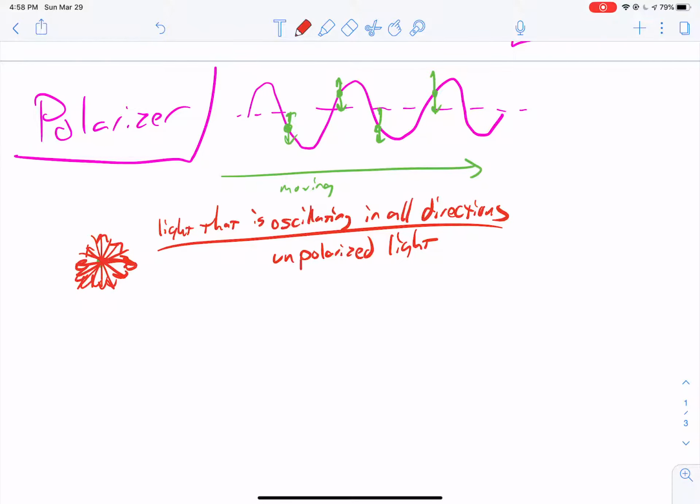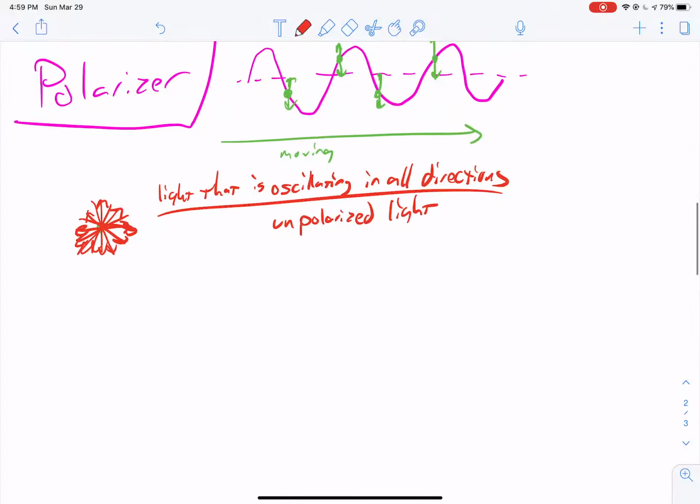The sunlight coming down from the sun is unpolarized. You have light that is oscillating in all 360 degrees of direction, and it is definitely not orderly. So what a polarizer does is it filters this out. A polarizer will only let light through, or energy through, that is oscillating in the direction of the polarizer.